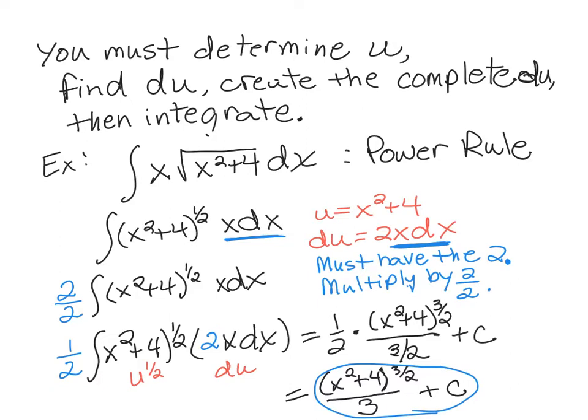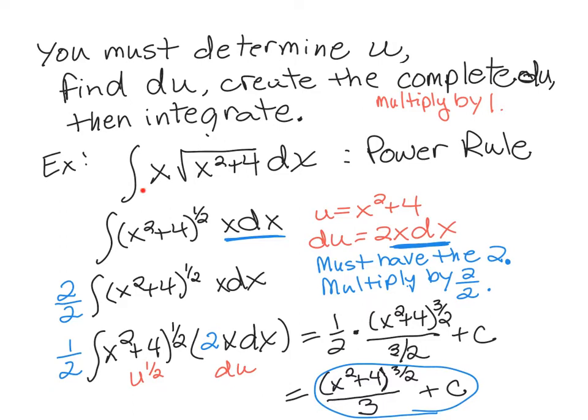So you multiply by whatever's necessary, but you multiply by it and then you divide by it so that you're actually only multiplying by 1. Then once you've created the perfect du, you can do the integral, and that just means you're undoing the derivative.